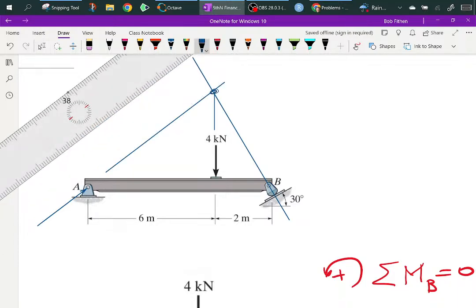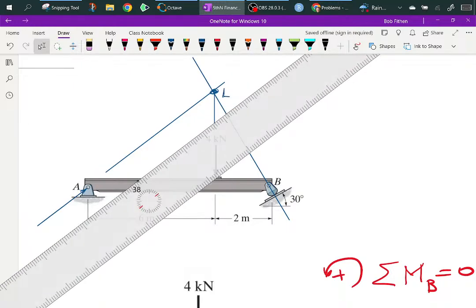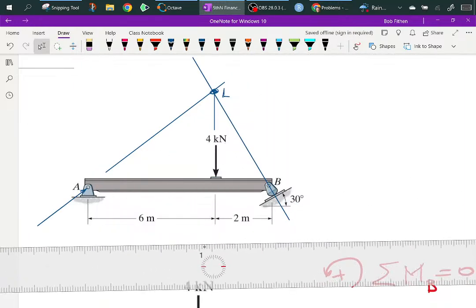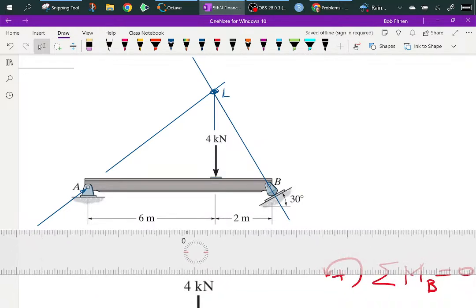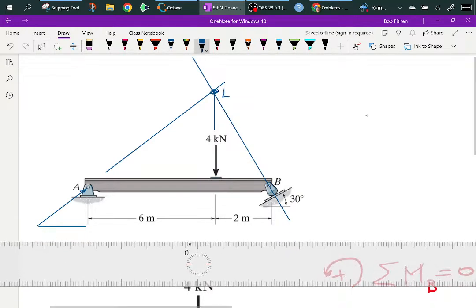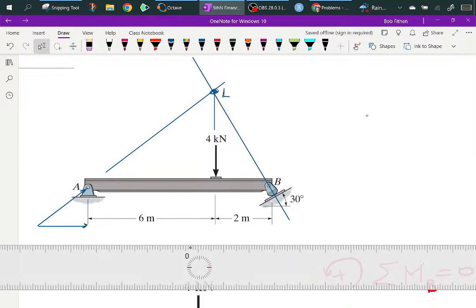So the approximate location of L is going to be such that this is going to be... Okay, so if it's 38 degrees, if I sweep it down, it's 38 degrees relative to that.